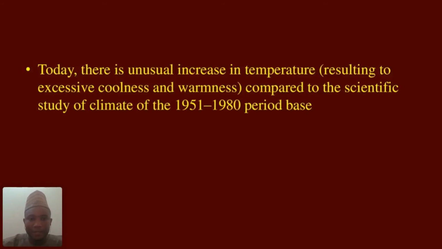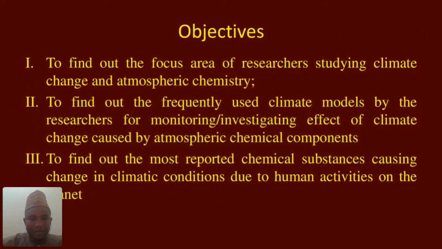Today, there is an unusual increase in temperature, resulting in excessive coolness or warmness compared to the scientific study of climate change in the 1950s to 1980s. Thus, the study intends to find out the focus area of researchers studying climate change and atmospheric chemistry.